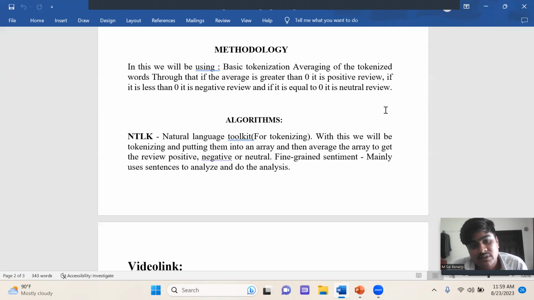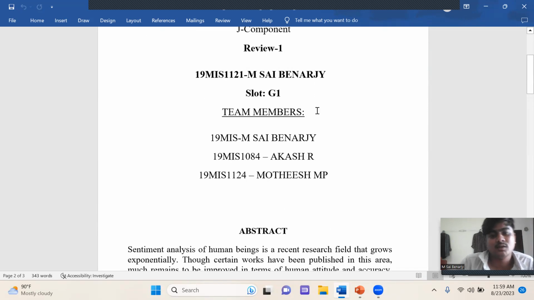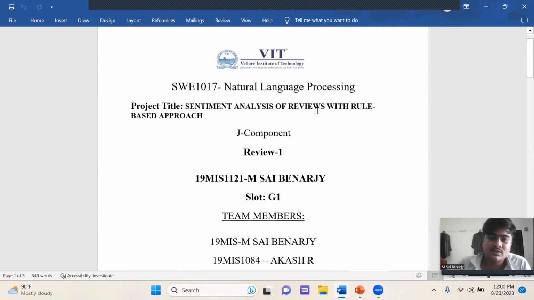Fine grained sentiment analysis mainly uses sentences to do the analysis. The algorithm we mainly use is the Natural Language Toolkit for tokenizing. This is all about my project, which is about sentiment analysis of reviews with a rule-based approach.